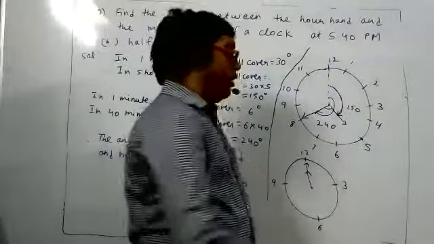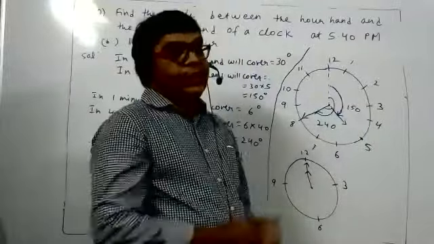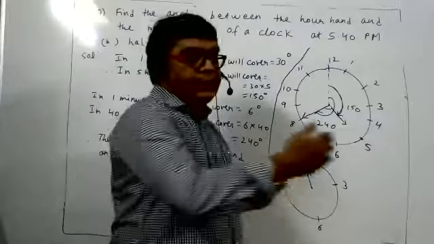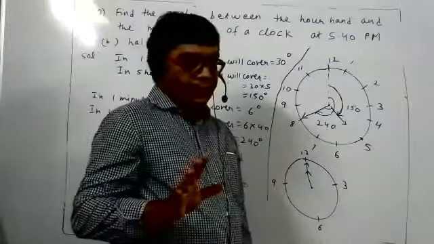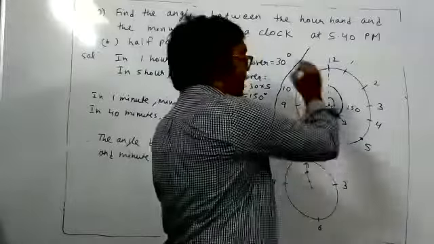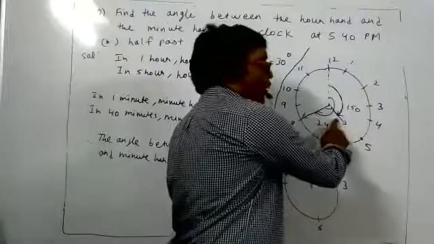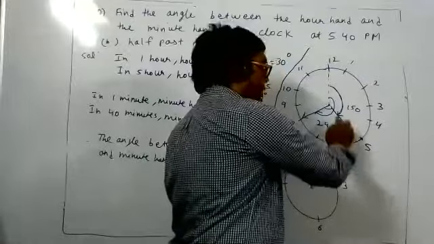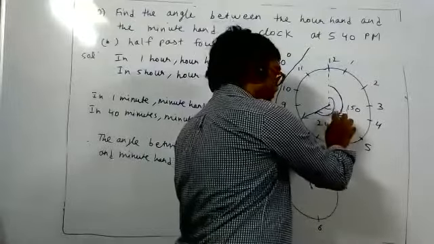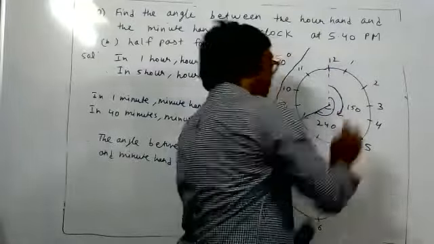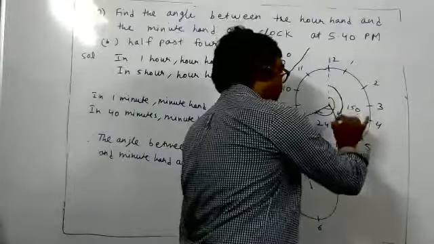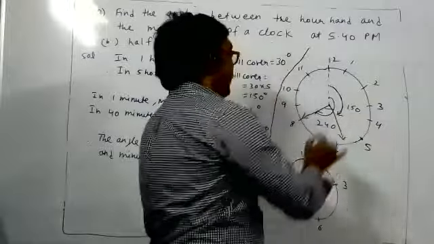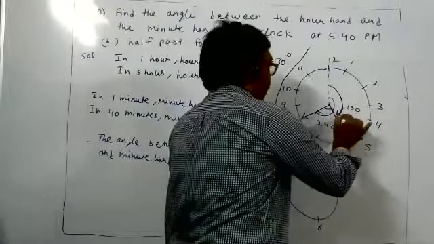When the time is 5:40, the hour hand will not be exactly at 5, but ahead of 5. Do all of you agree? So now we will calculate again.